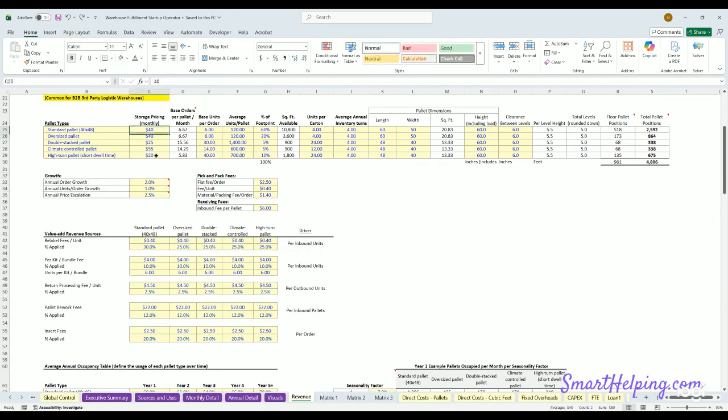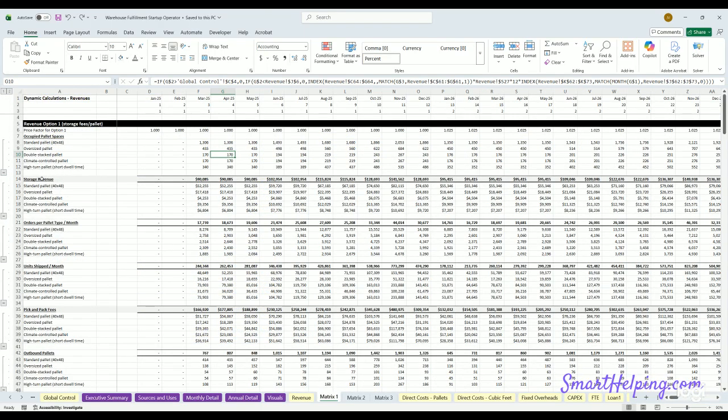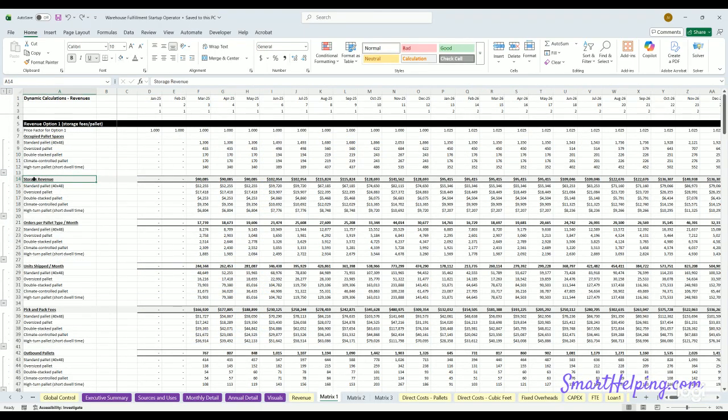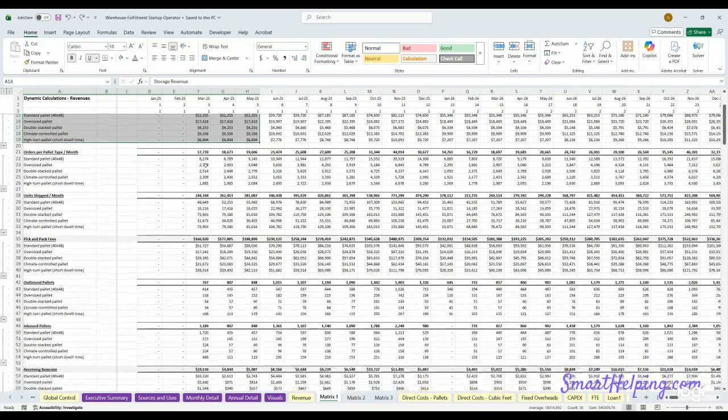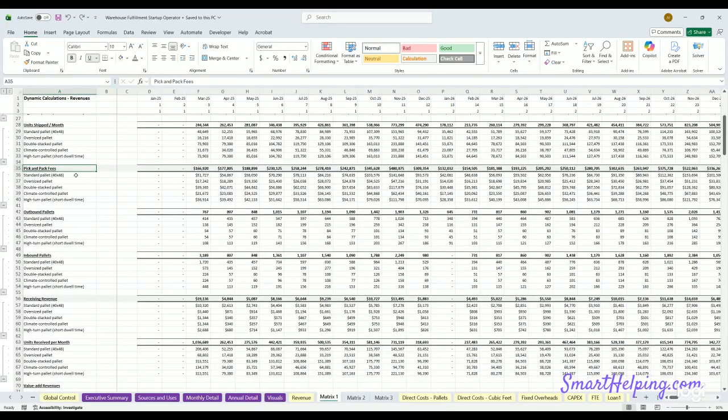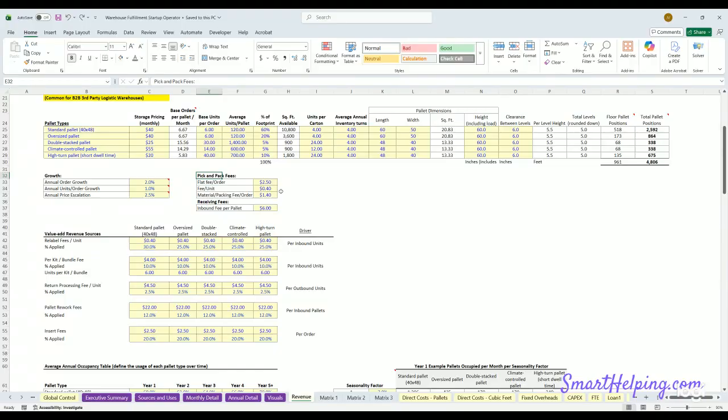We have revenue from the spaces we're selling. Then we have pick and pack fees. Storage revenue is based on occupied spaces times monthly price. Then we can derive our orders per pallet, our units shipped, and based on that we can get to pick and pack fees, which is pretty simple.